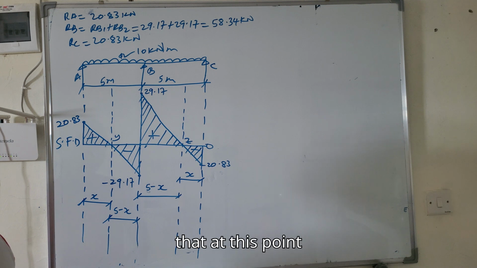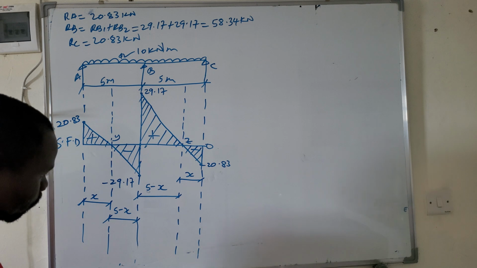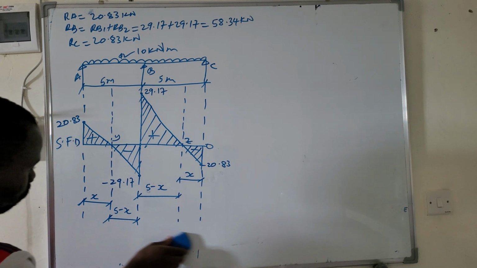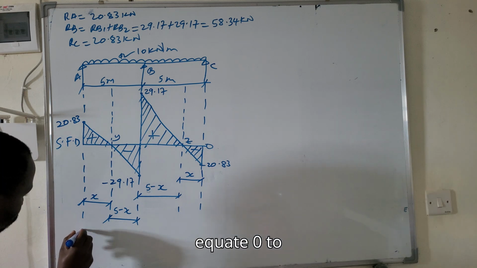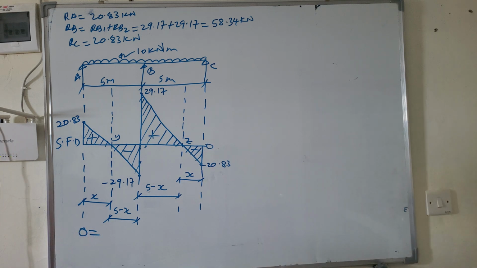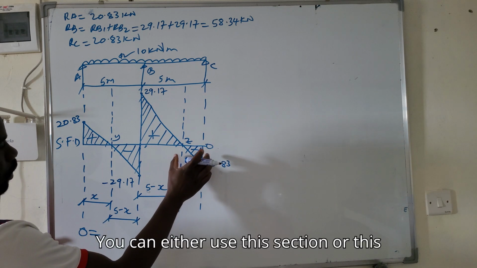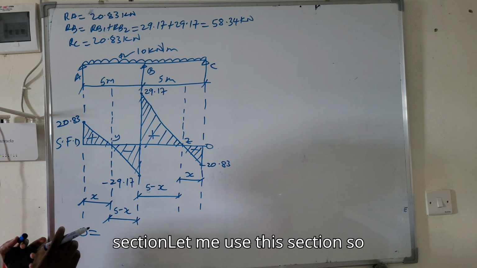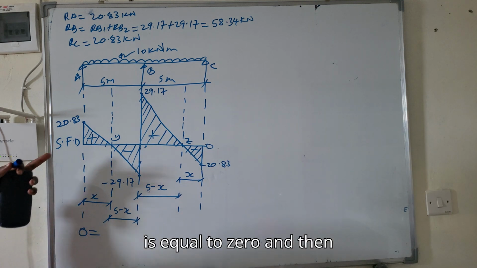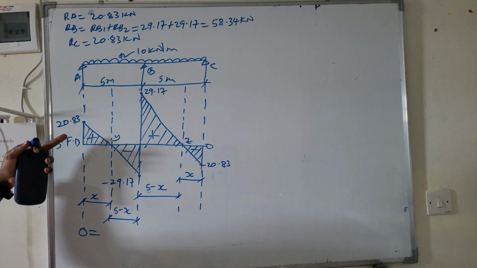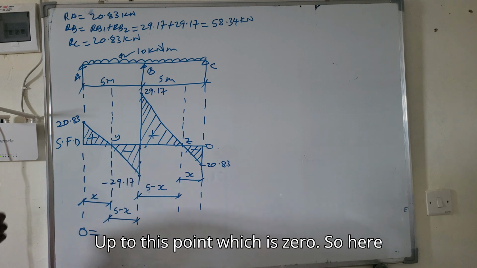We know that at this point, shear force is 0. So you equate 0 to, you can either use this section or this section. Let me use this section. And then you get the sum of all the forces up to this point, which is 0.